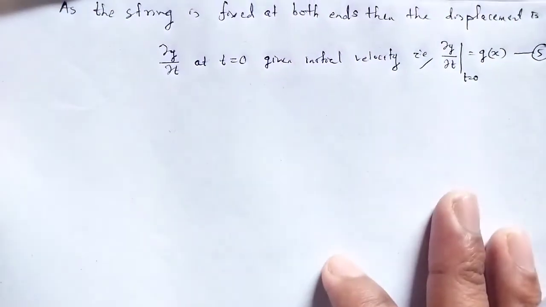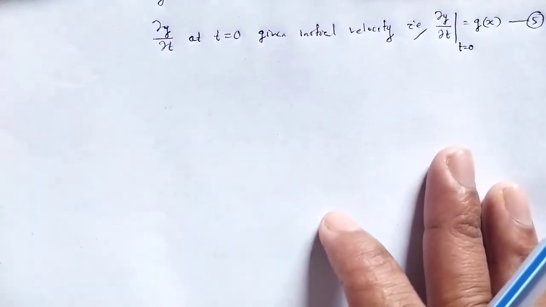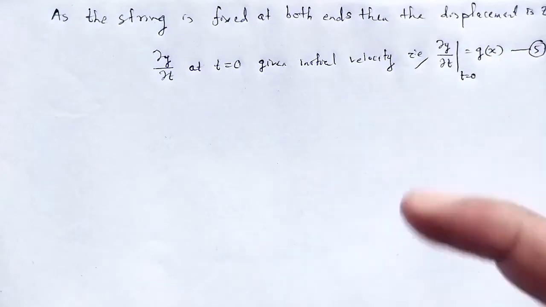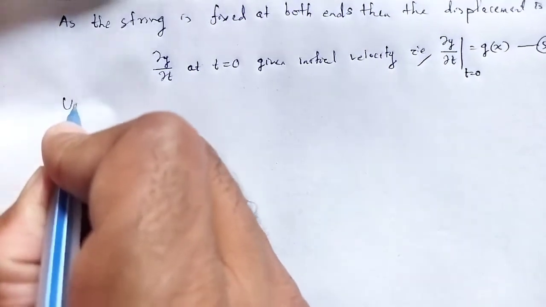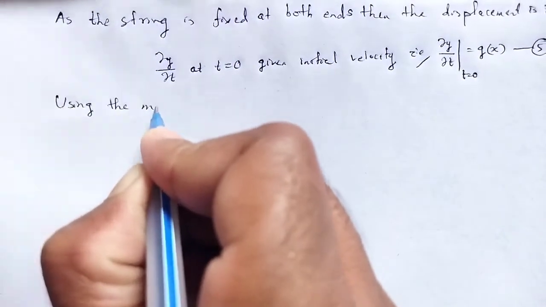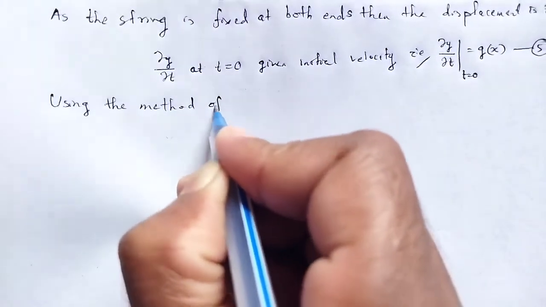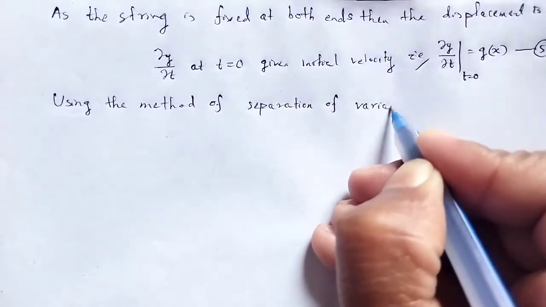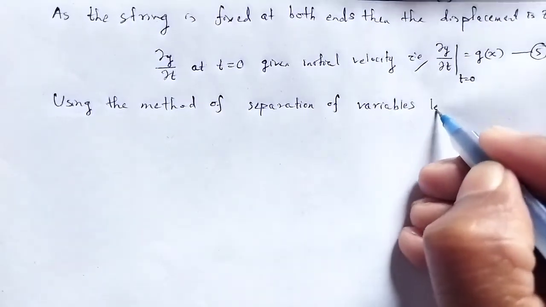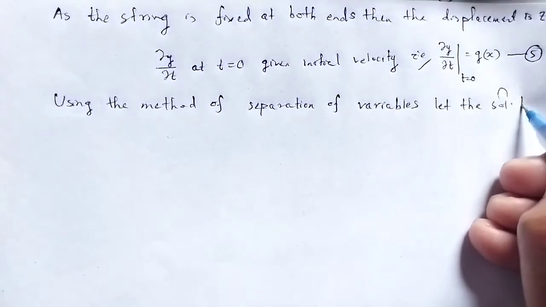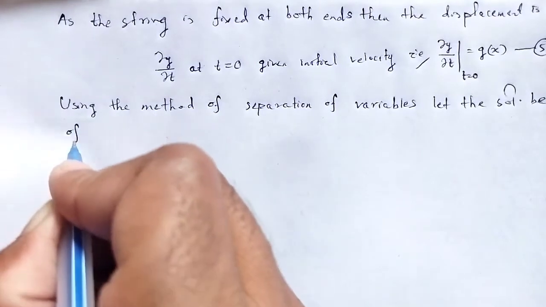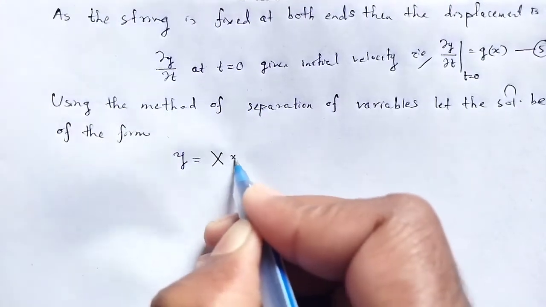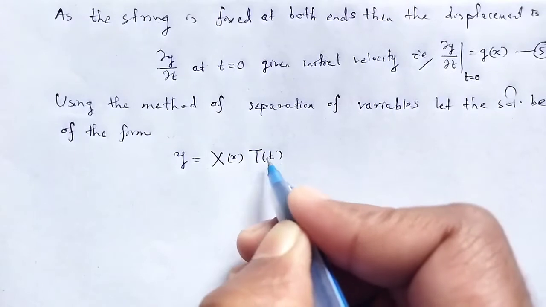Using the method of separation of variables, let the solution be of the form y is equal to X, a function of x only, times T, a function of t only.